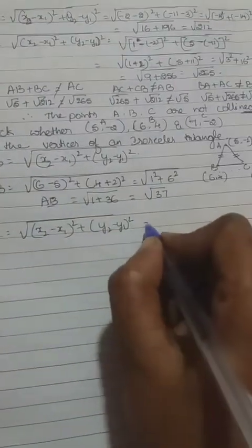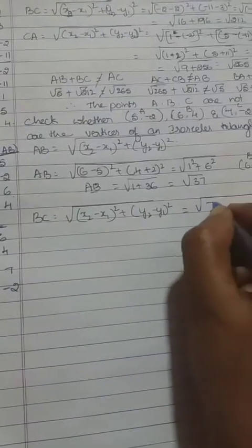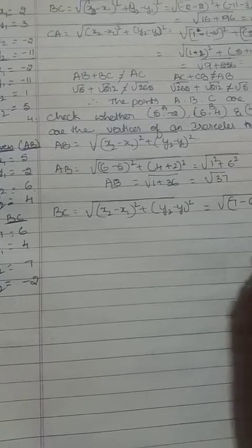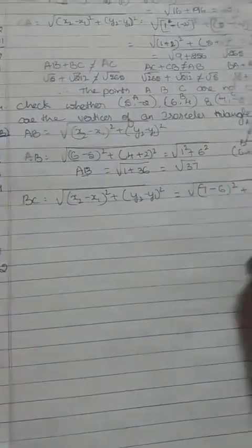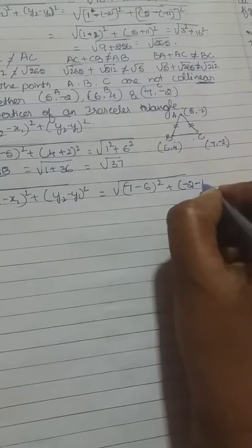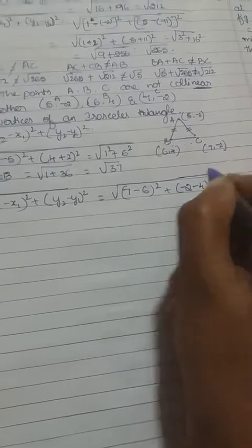So here we have to substitute the same. x2 is 7 minus x1 is 6, (7 minus 6) whole square, plus y2 is -2 and y1 is 4, minus 4, whole square.